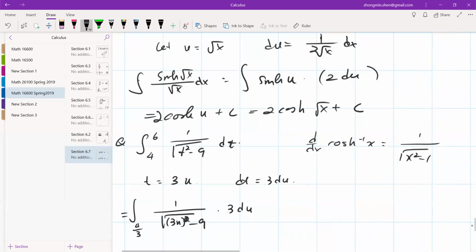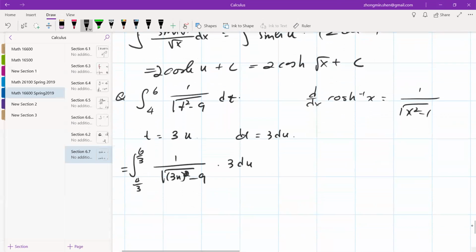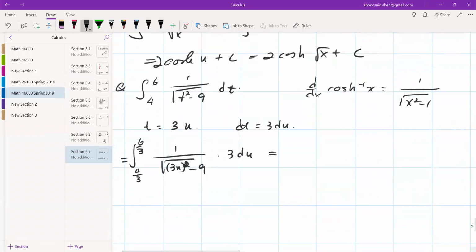When t equals 6, u is 6 over 3. In the denominator, I can take 3 out. So actually it's just u squared minus 1 here. The 3 is gone.